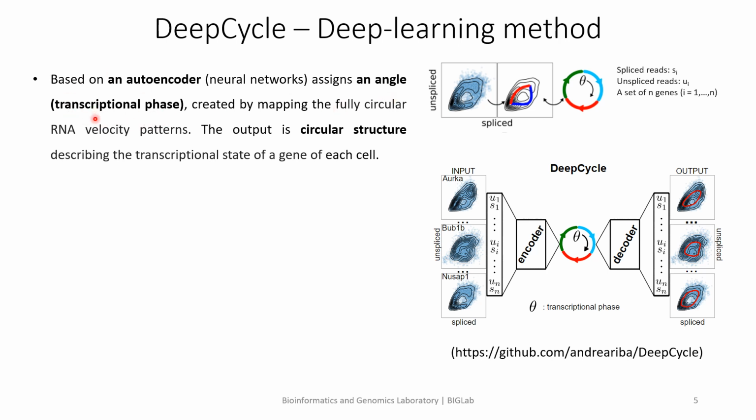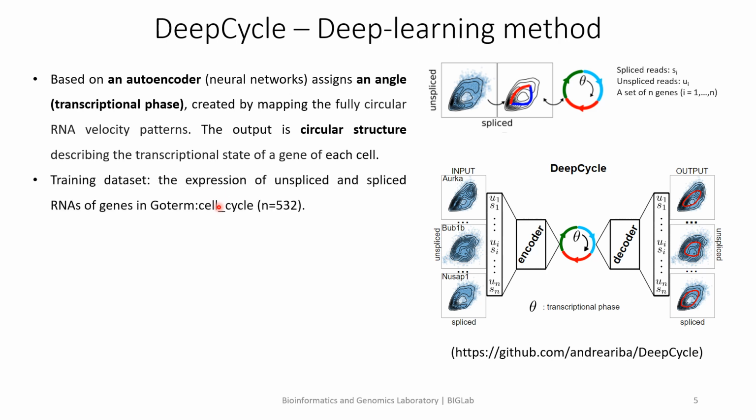The result of Deep Cycle is a circular structure. It describes the transcriptional stage of a gene of its cells, and Deep Cycle was trained on a dataset including over 530 samples of expression of unspliced and spliced RNAs of genes.